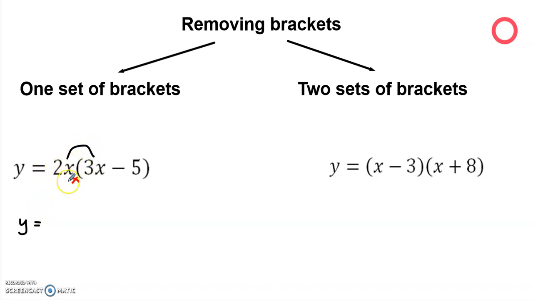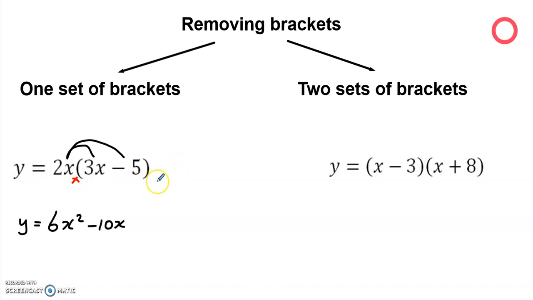And think of, we are multiplying 2x times 3x. And that is 6x squared. Second arc, pay attention to the minus. 2x times minus 5. And that's minus 10x.